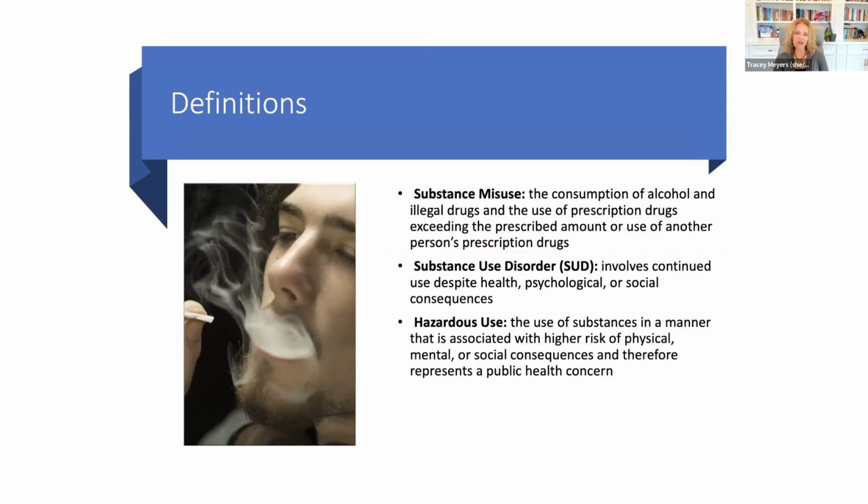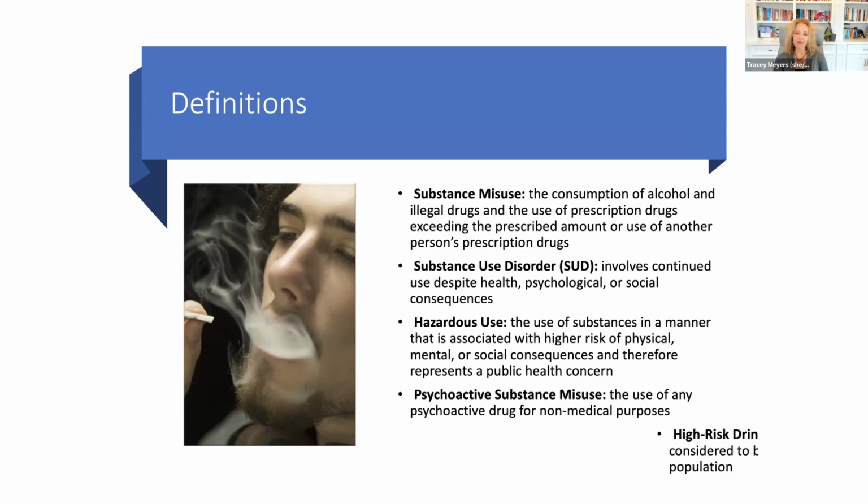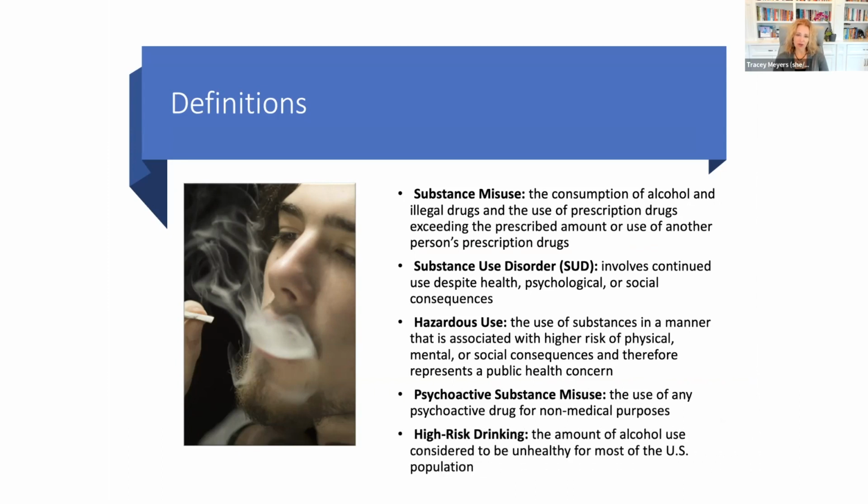Hazardous use, using the substance in a way that represents a public health concern because there's higher risk of physical, mental, or social consequences. Psychoactive substance misuse is using a psychoactive drug, for example, a hallucinogen for non-medical purposes. And finally, high-risk drinking, the use of alcohol to be considered unhealthy for most of the US population.